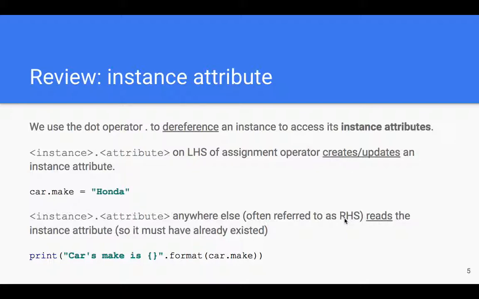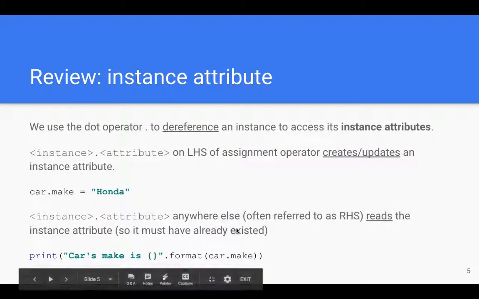So the corollary is that it must have already existed. You cannot read something if it doesn't exist. An example of this is that after we create the attribute, we can read that attribute and put it in a string.